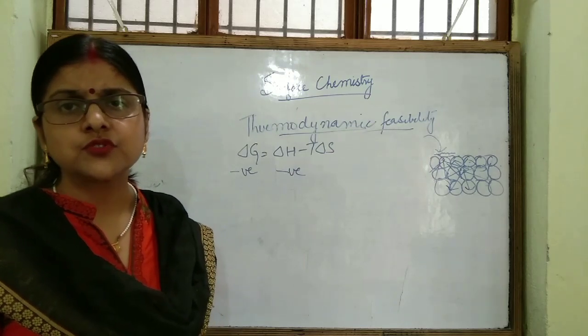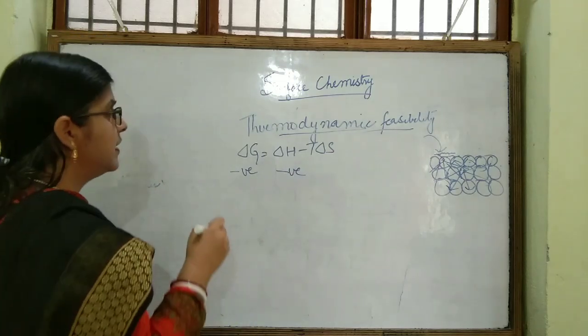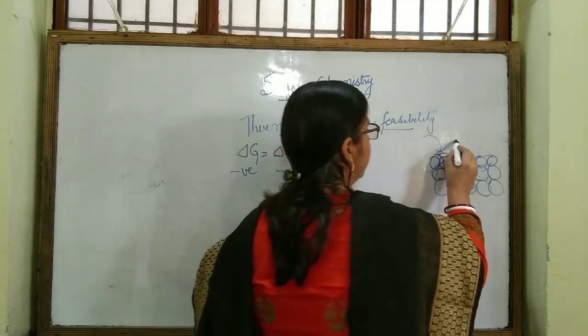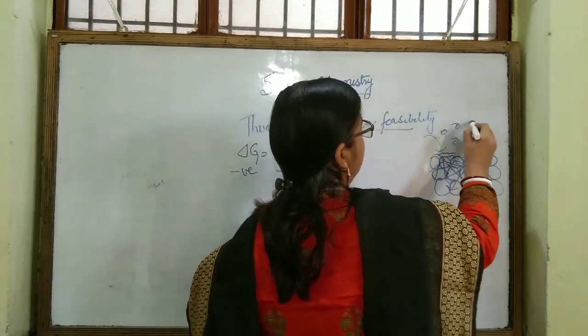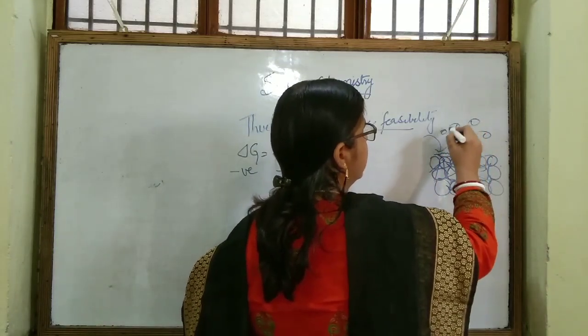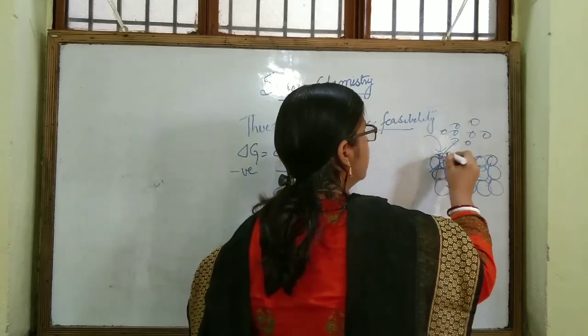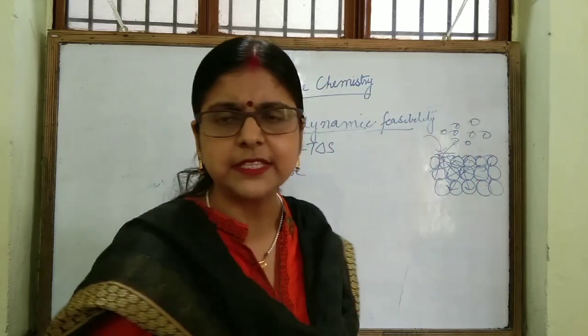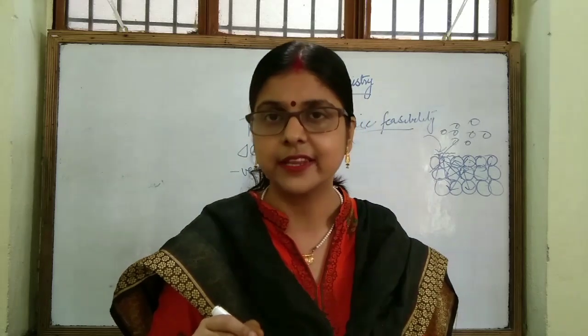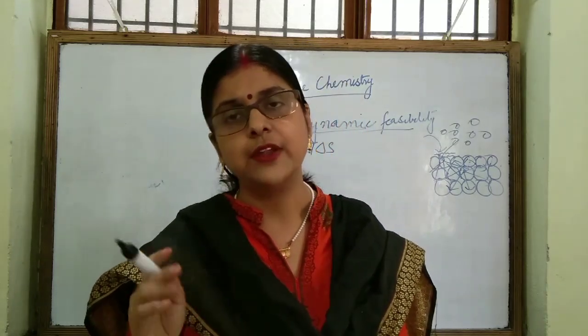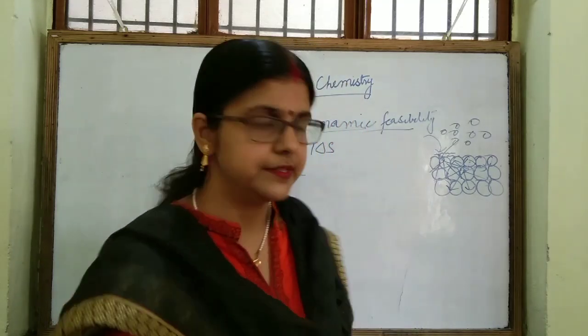Entropy. Whenever a species is being adsorbed, it is moving freely and randomly. Whenever it is adsorbed on the surface of another species, its randomness decreases, so entropy will also decrease.